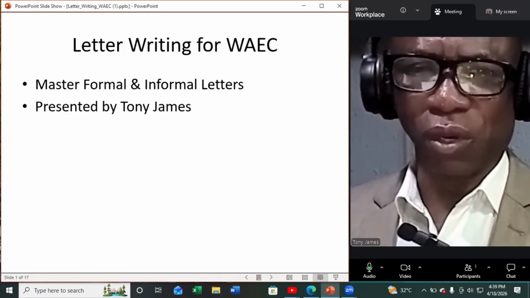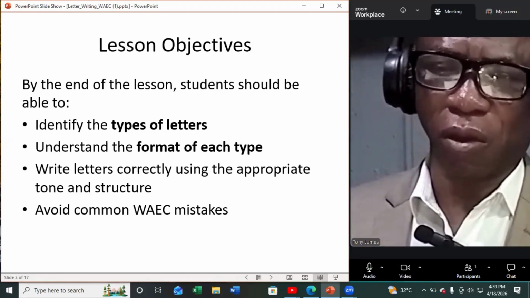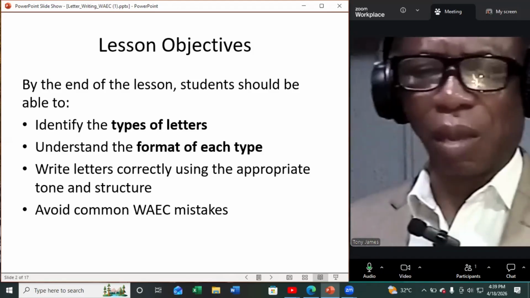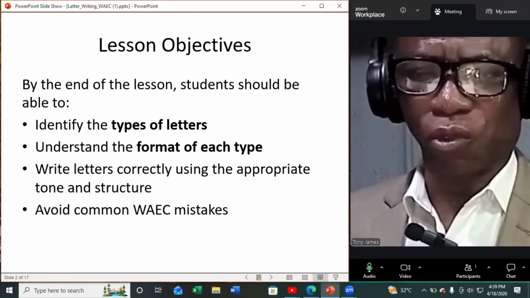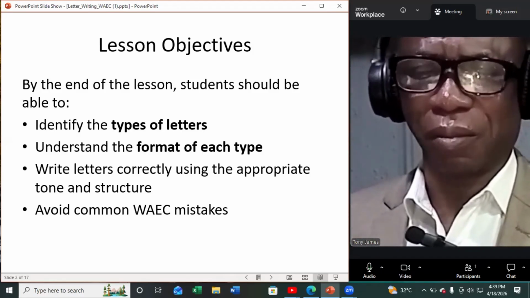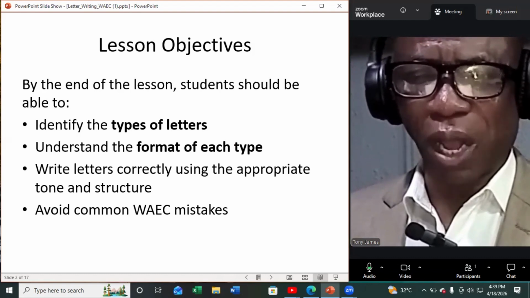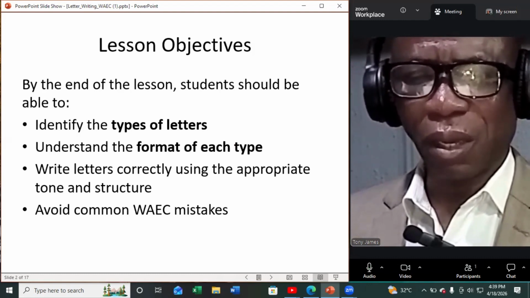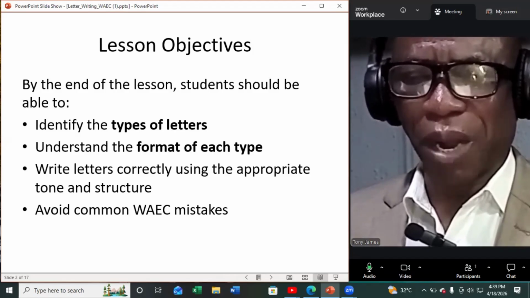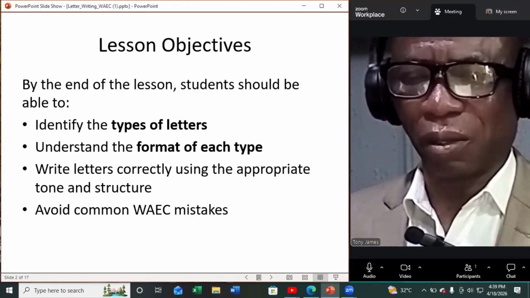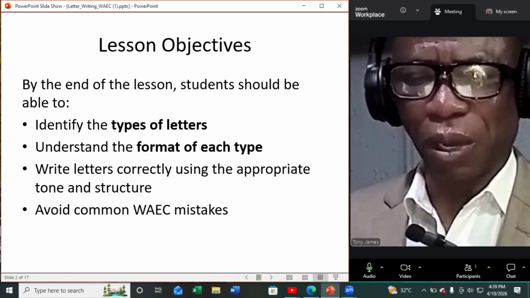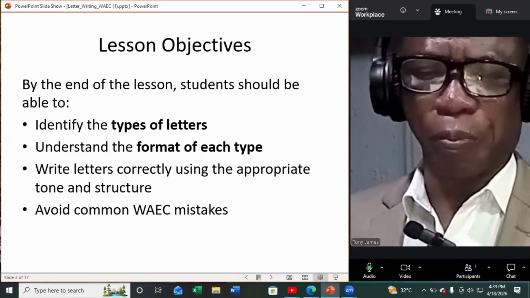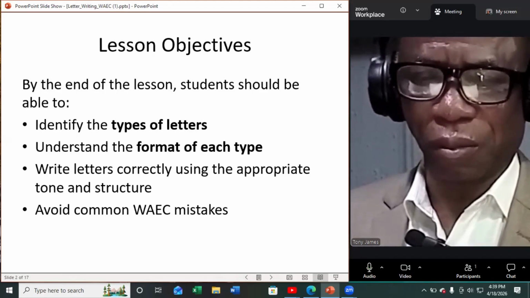So let us go into the video as we consider the objectives of the video. Any student that is able to listen to this video should be able to identify the types of letters. Students will understand the format of each type of letter. Then students should be able to write letters correctly using the appropriate tone and structure.